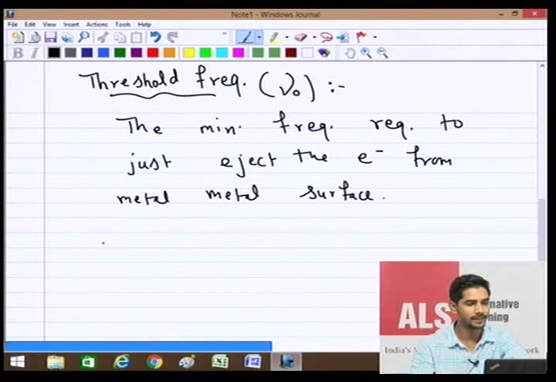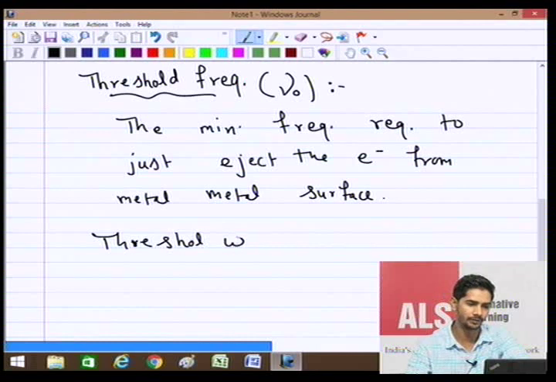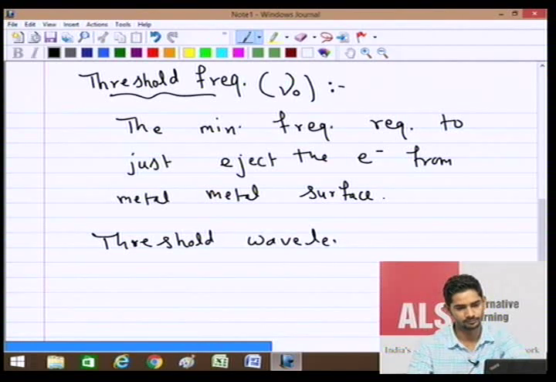Okay. Next is threshold wavelength, which is lambda naught.